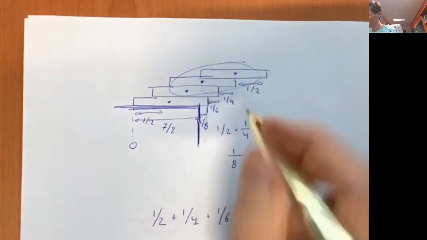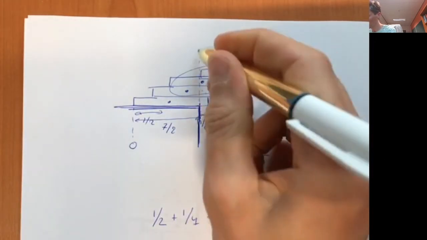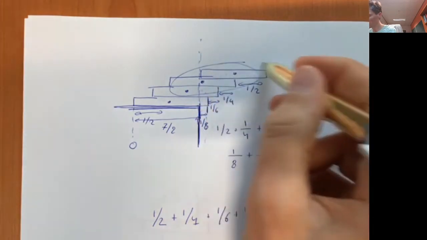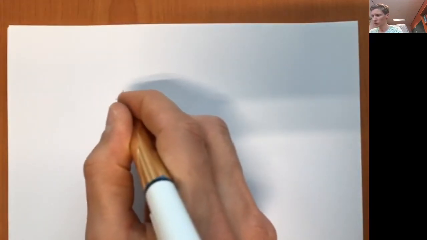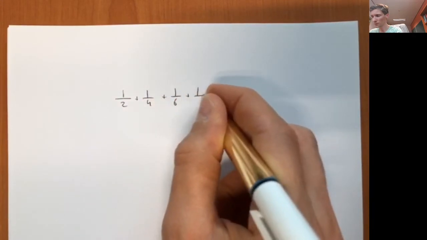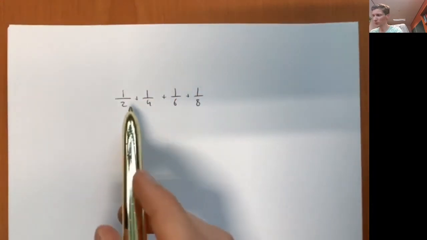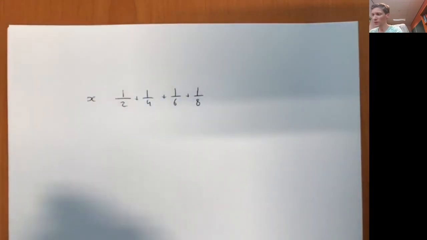So the total overhang is bigger than 1, so this means that if I look at this line, the edge of the table, this entire shelf will be off the table. So when I had 4 bookshelves, my overhang was 1/2 plus 1 over 4 plus 1 over 6 plus 1 over 8. Okay, so let xn be the overhang with n shelves, so this is x4.